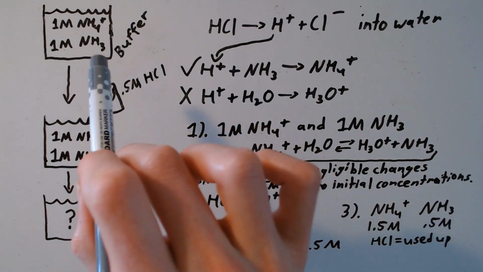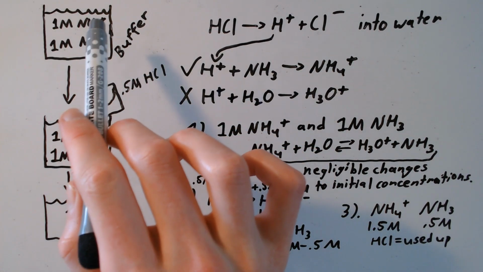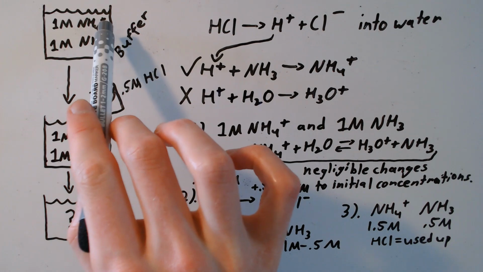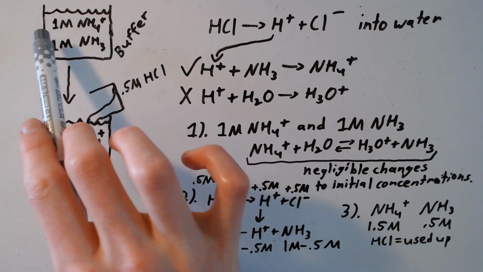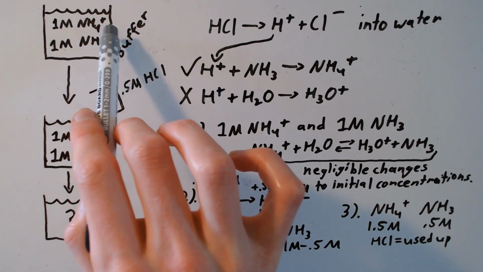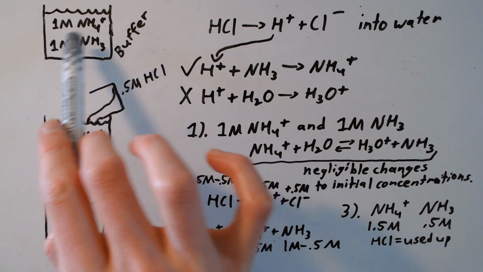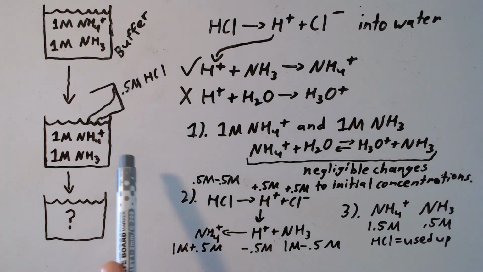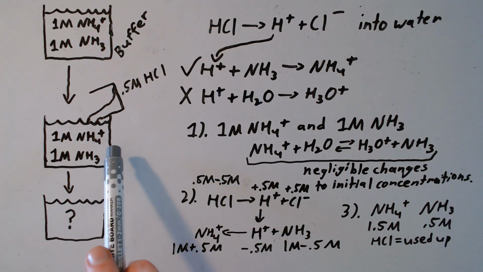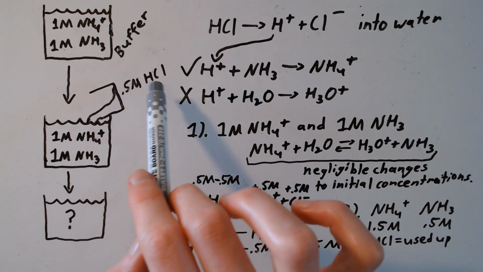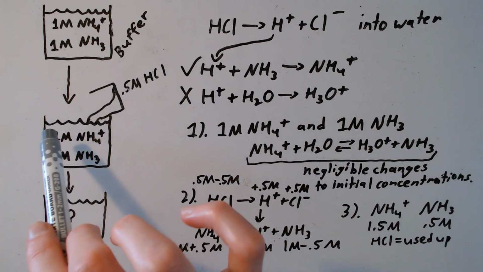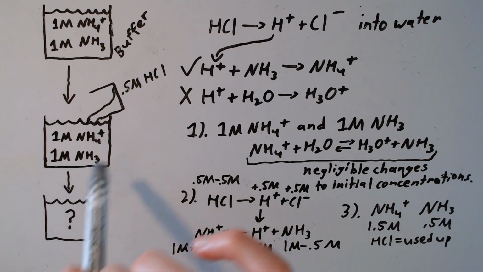So let's say, for example, we have this buffer with an equal concentration of NH4 plus and NH3. We have 1 molar of NH4 plus, which is a weak acid, and 1 molar of its weak conjugate base, NH3. And then all of a sudden, we add 0.5 molar HCl to this 1-to-1 peaceful solution.